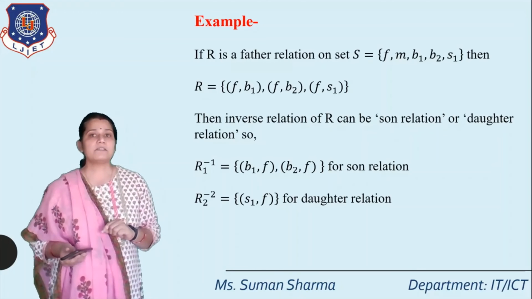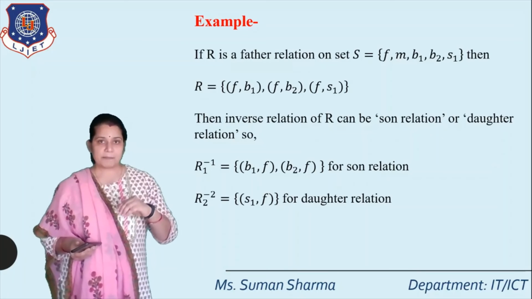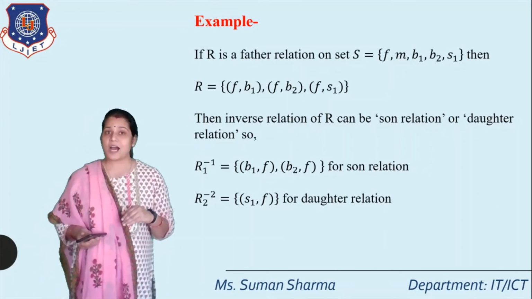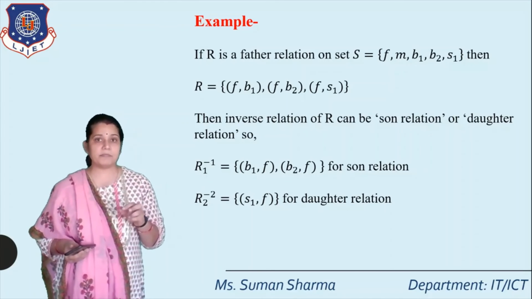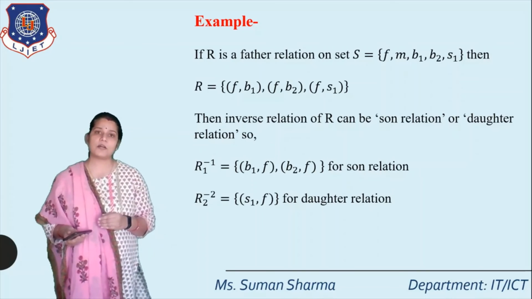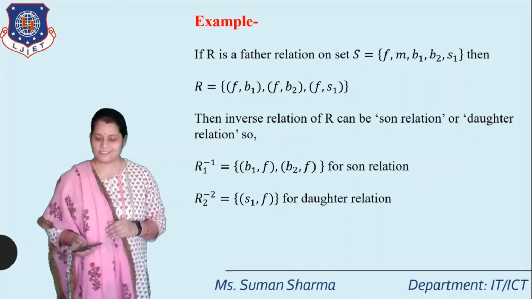Okay. So the inverse relation of capital R can be the son relation and the daughter relation. So R inverse is equal to B1 F and B2 F for the son relation, and S1 F for the daughter relation.